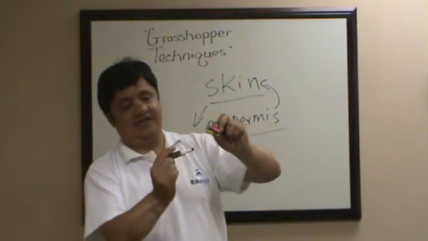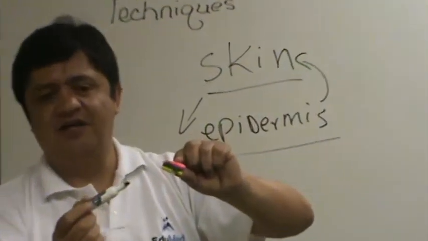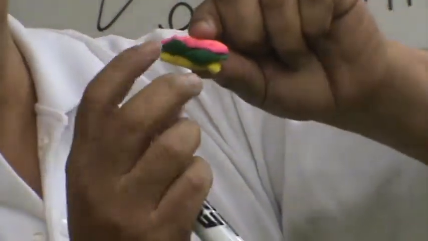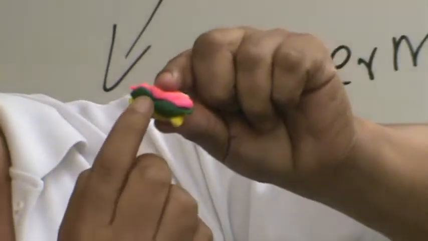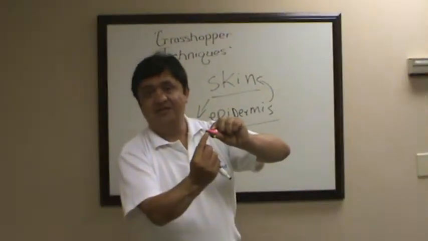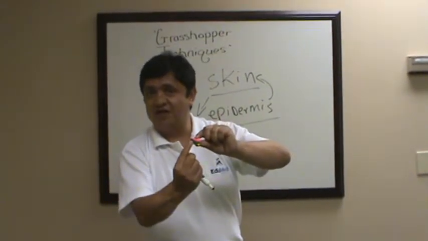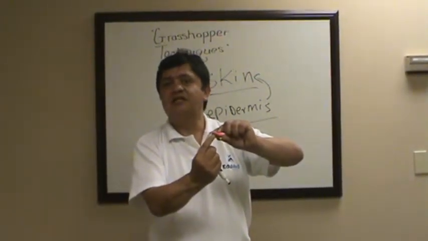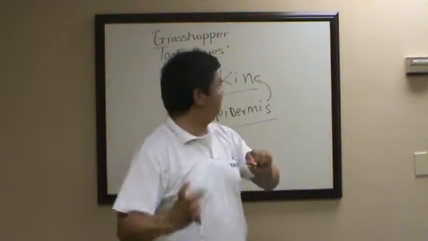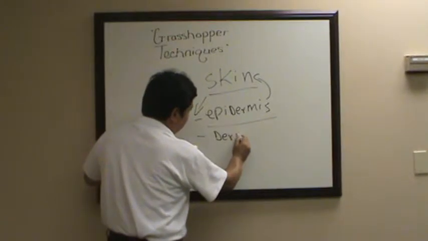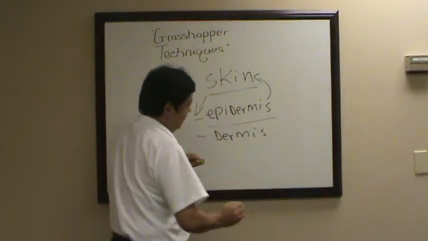The second layer, which color is the second layer? If you're looking at me, and if you look at this part over here, the second layer, which color is it? Yes, you got it, green. The green is going to represent the second layer of the skin, which is what? The dermis. You got it.